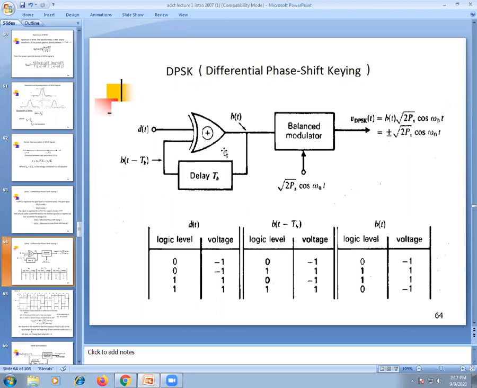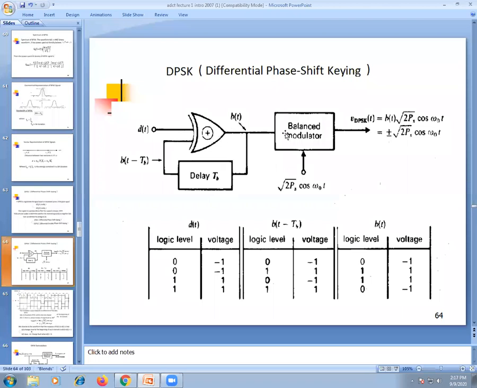This network is very, very important in differential phase shift keying. Here b(t) is not the directly given data. The directly given data is d(t), and b(t) is the XOR operation of the original data with the 1 bit delay.